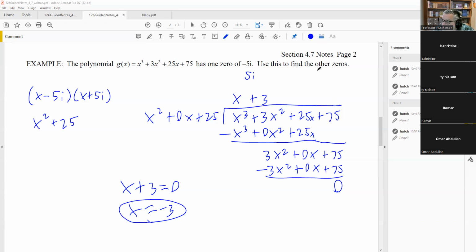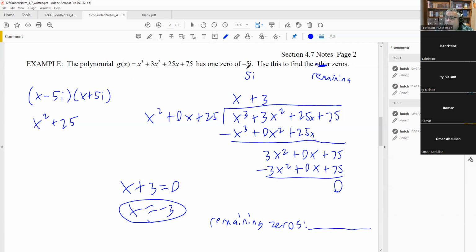Actually the homework says remaining instead of other, which means we don't want to put 5i as our answer. So let me put remaining zeros. I just want to do it real similar to what the homework says, so you're not confused on what to do there.